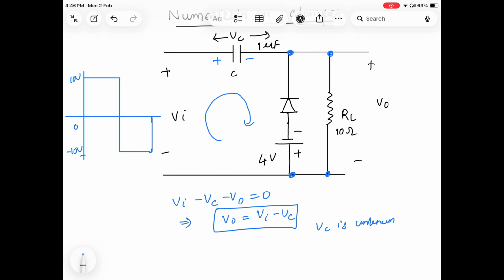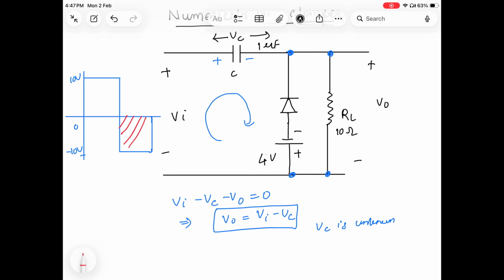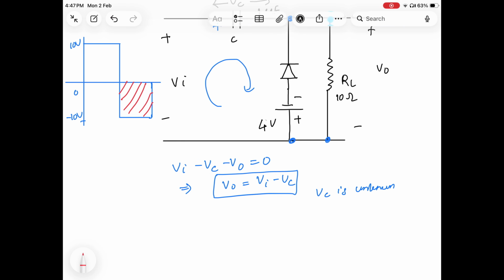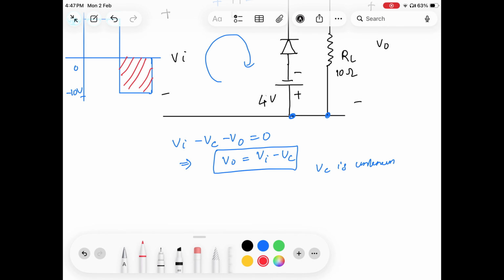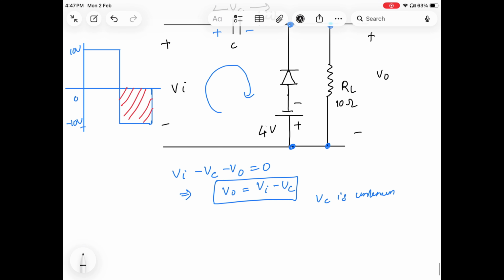Now you can see the negative part of the 4 volt is connected to the diode, and this diode can be forward biased only if the negative half of the input voltage is connected. If the negative half will be connected, then the battery terminals or the Vi, the input and output terminals will be reversed.